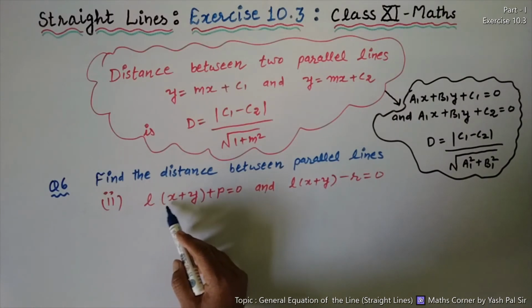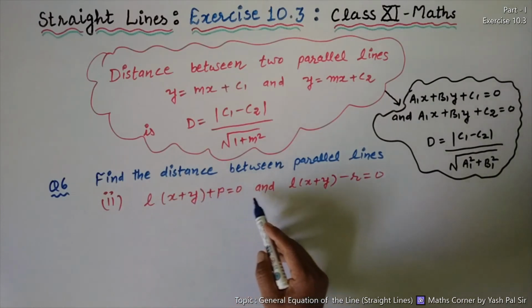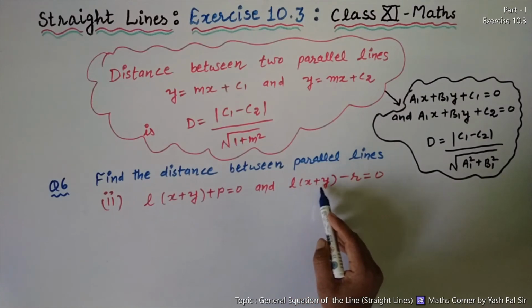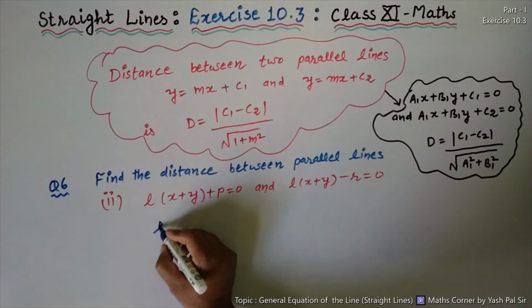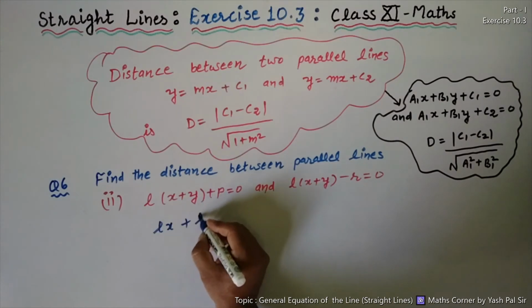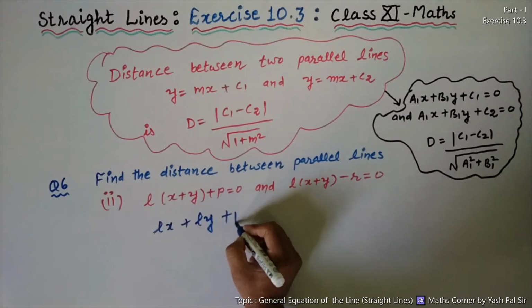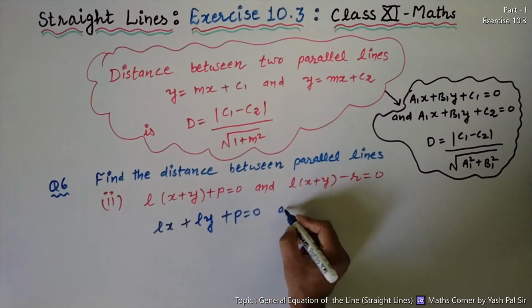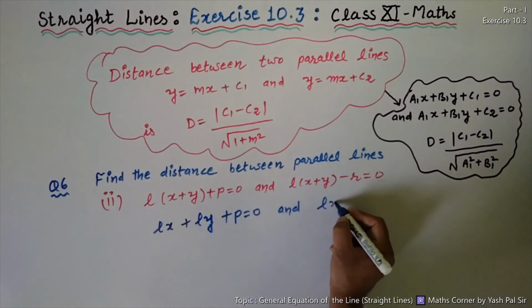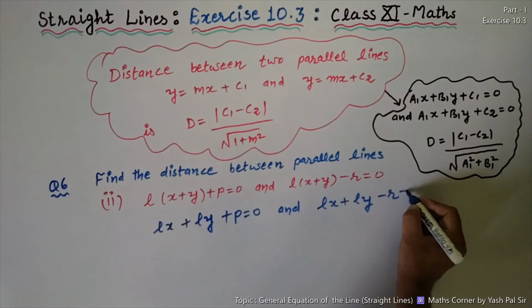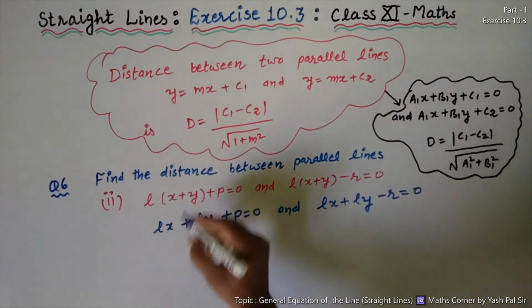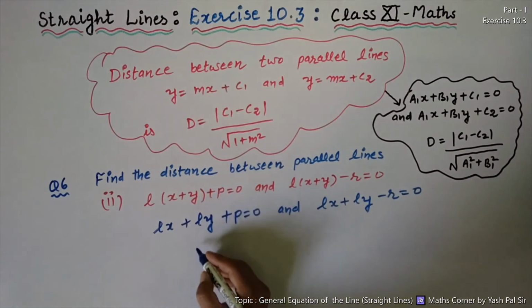Similarly, we can find the distance between two parallel lines in part number 2: L into x plus y plus p is equal to 0 and L into x plus y minus r is equal to 0. So we write here, Lx plus Ly plus p is equal to 0 and Lx plus Ly minus r is equal to 0.